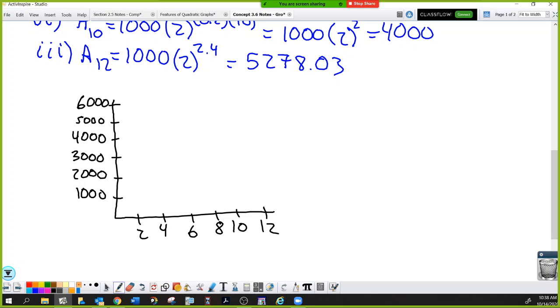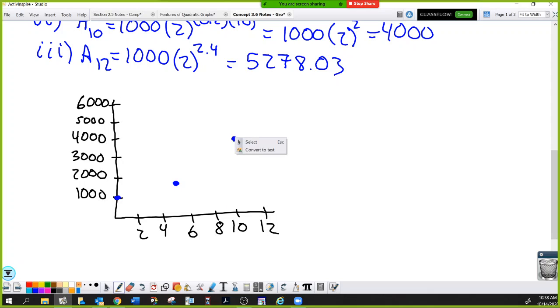Okay. Great. Our initial value at 0 weeks was 1,000. And then we got 5, 10, and 12. Well, at 5, we found 2,000 hectares. That's here-ish. At 10, we got 4,000 hectares. I'm going to get in your way for a second so I can line these up.